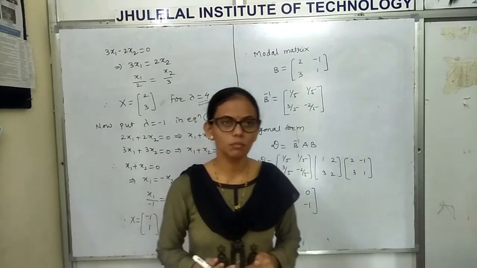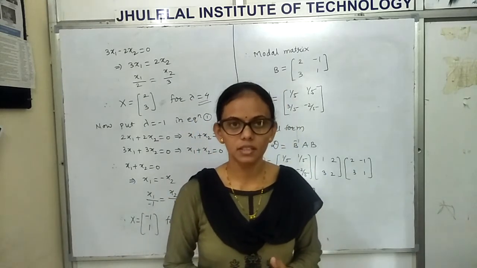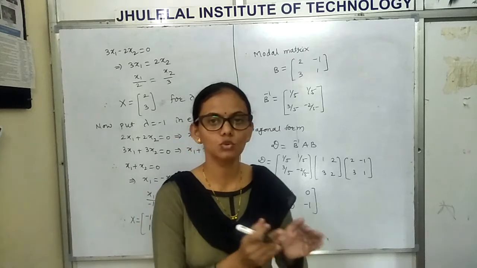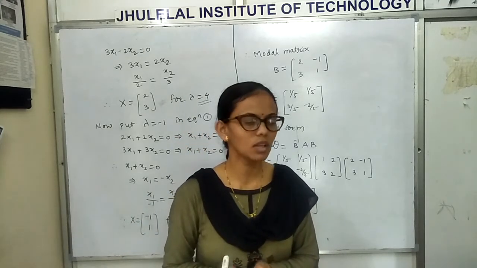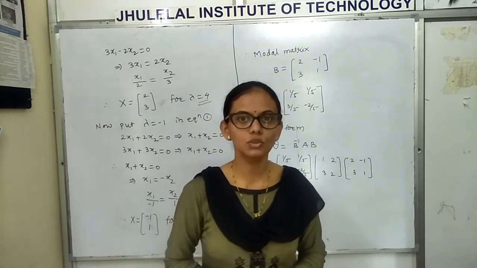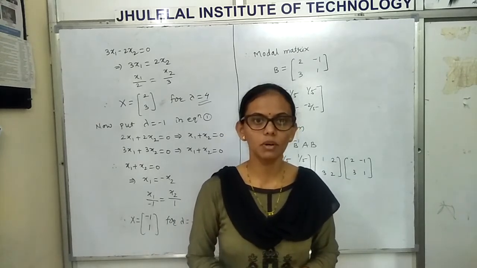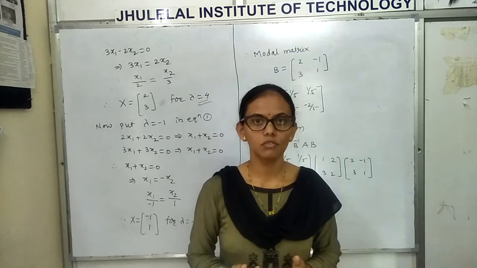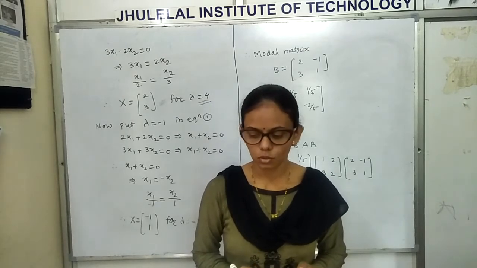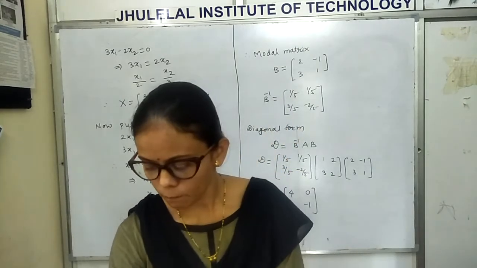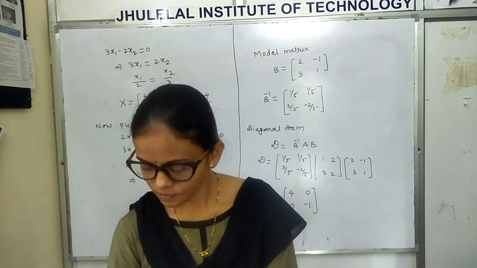I will give you some examples for practice. First of all, practice a 2 by 2 matrix, how to diagonalize a 2 by 2 matrix, and then in the next video we can take an example of a 3 by 3 matrix, how to solve the diagonal form of a 3 by 3 matrix. So write down the homework of 2 by 2 matrix.